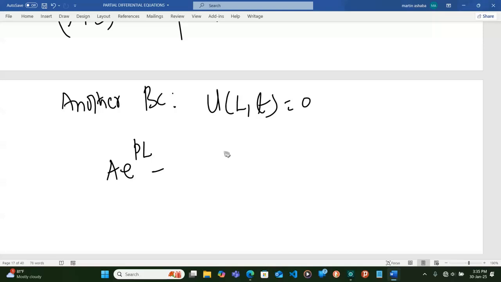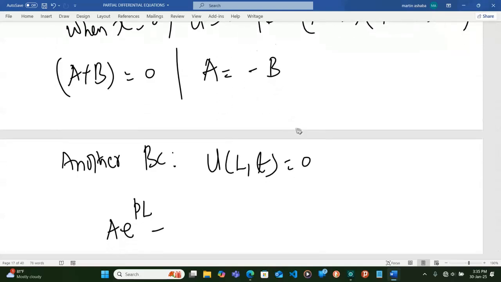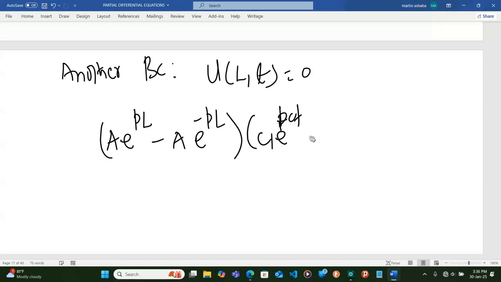Then remember I said A is equal to negative B and B can be negative A. So I'll have negative A exponential of negative pL, multiplied by c1 exponential of pct plus d exponential of negative pct.